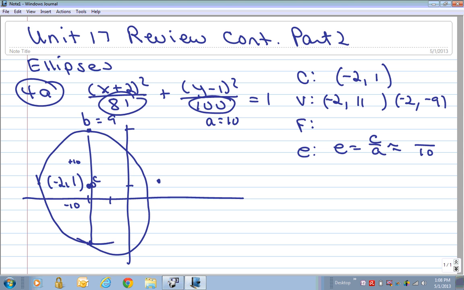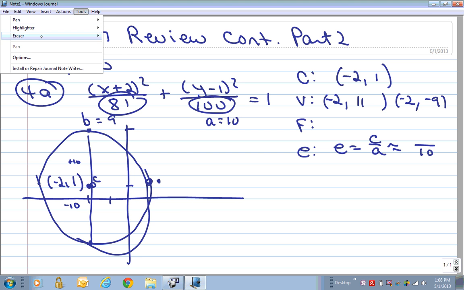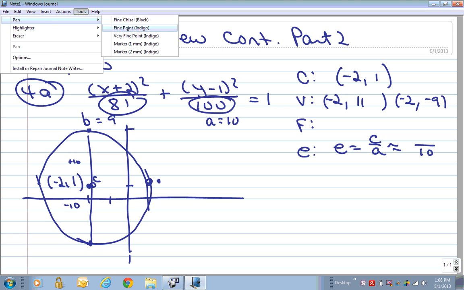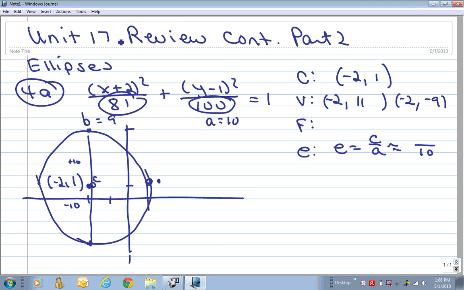Ooh, making very bad ellipses these days. All right, so we'll say it's about right there. And I will try to erase a little to make it look a little bit better. It's really hard without a grid here. That looks a little bit better. Not great. All right, so let's move on. And you will have to use your imagination on the picture.